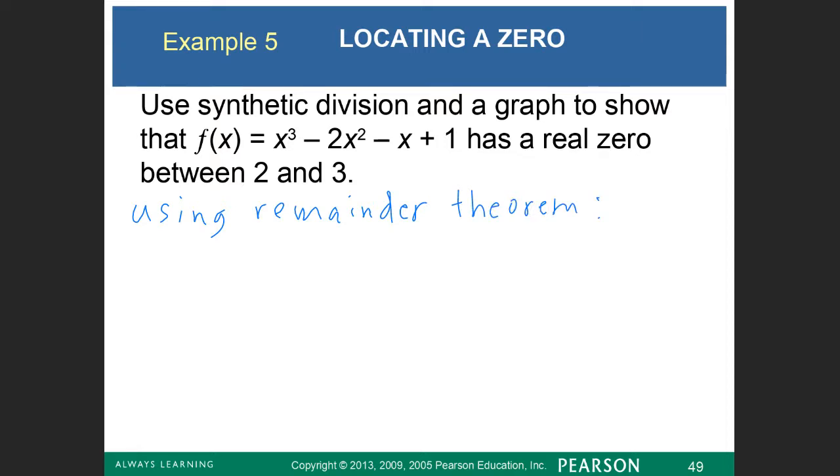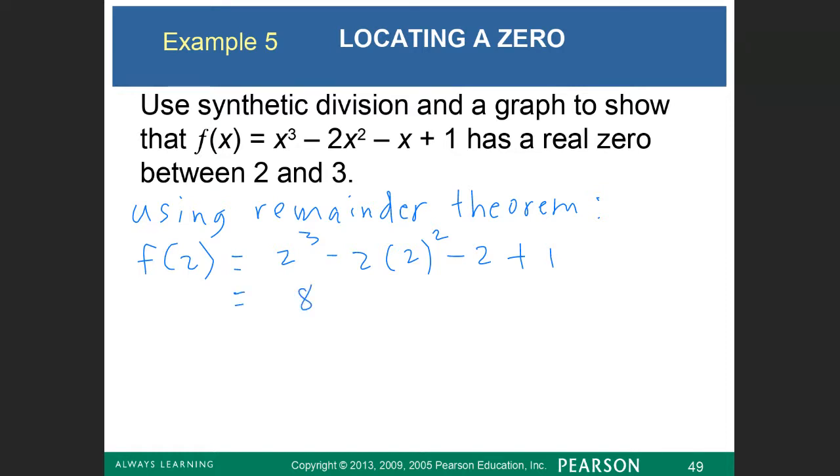So say you have f of 2. I'll just plug in 2 to our x here from the f of x. So 2 to the power of 3 minus 2 times 2 to the power of 2 minus 2 plus 1. Okay? And then we evaluate. So here you can see this is 8.